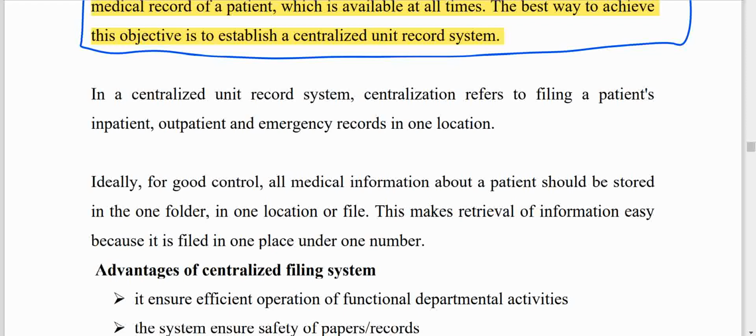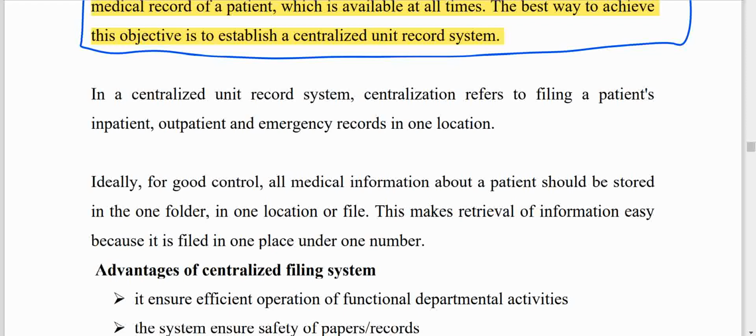So the method that you will choose, nobody has compulsions for you to decide on that. You'll be able to make that decision by the medical records committee within the medical record department and the facility as well, depending on the interests of the facility. So we may not have the specific answers for that because that decision must be made at hospital level on which types of the numbering systems we should use.